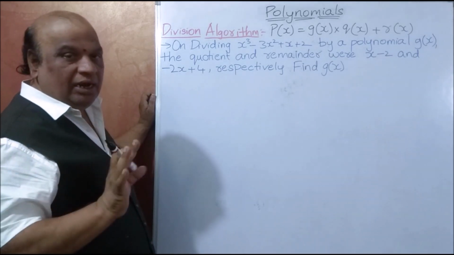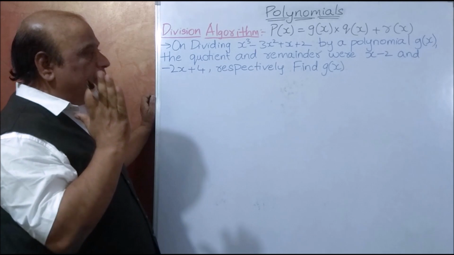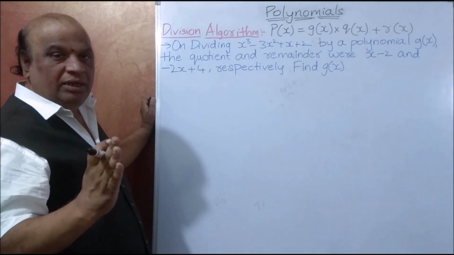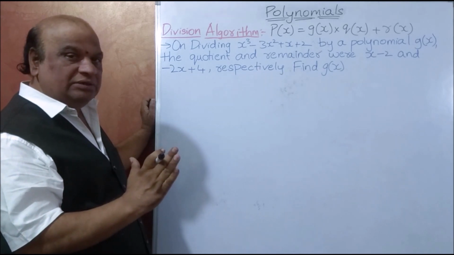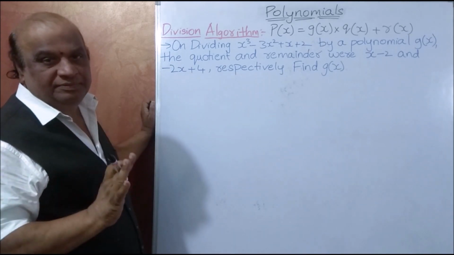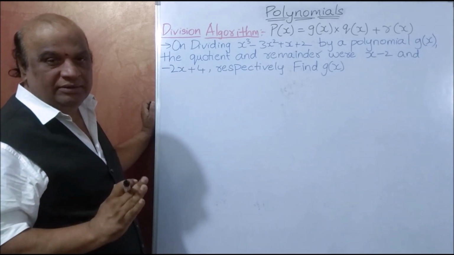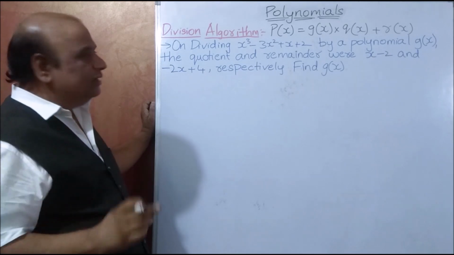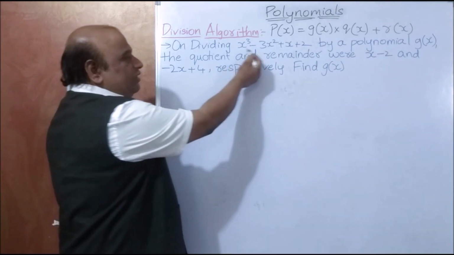Generally p of x, the dividend, is given and the divisor is given, and we are finding the quotient and remainder. It is direct.